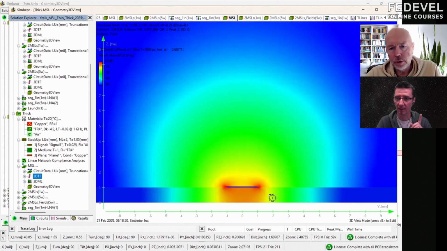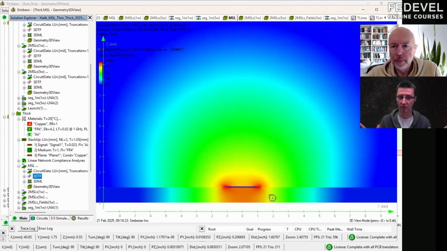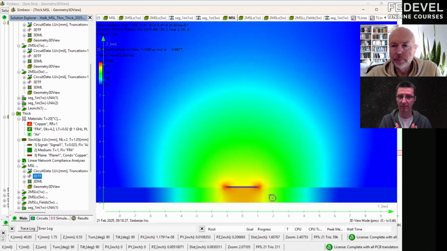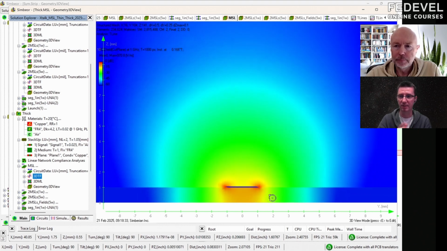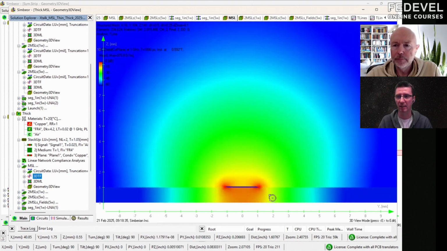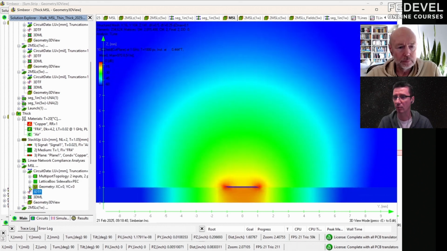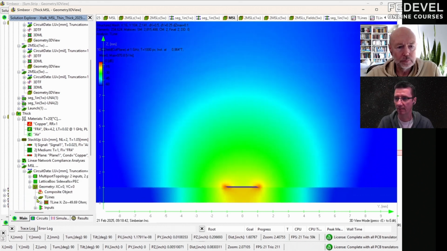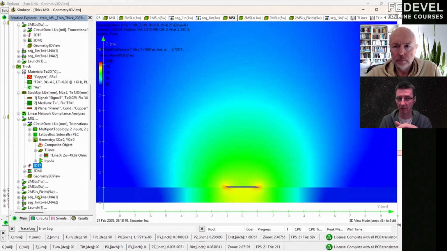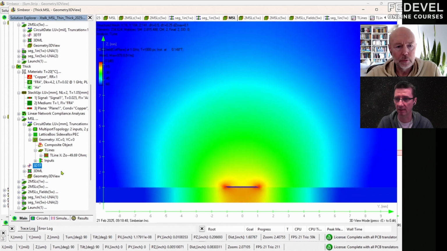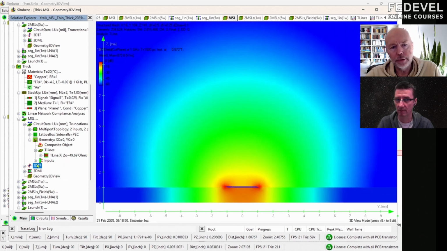This is something I would like to point out: in all the examples we will have today, we will route the tracks for 50 ohms, and the width of the track depends on how far the reference plane will be. So the width of the track will be changing a little bit between the examples. For this kind of two-layer PCB, the track has to be 2 millimeters wide, 80 mils, to actually have 50 ohms impedance, correct? Yeah, it's about 49.69 ohm.